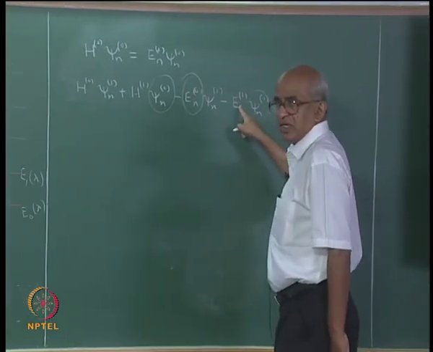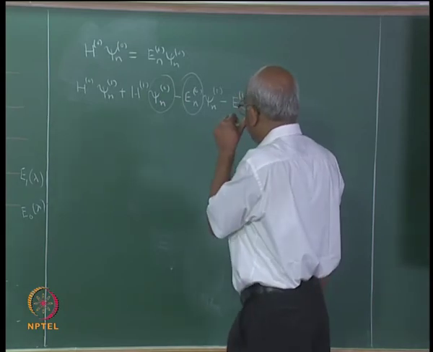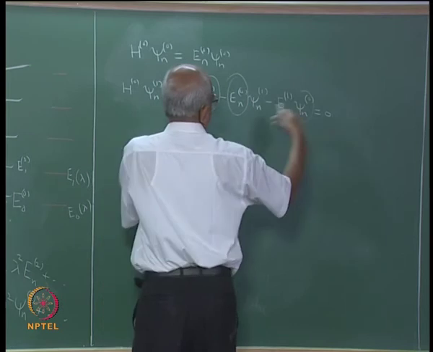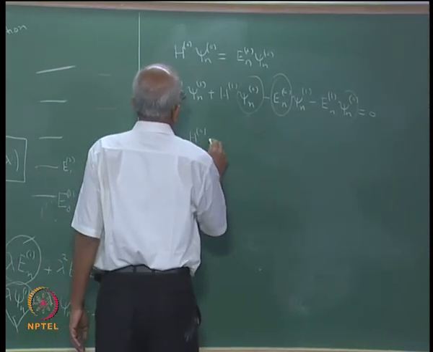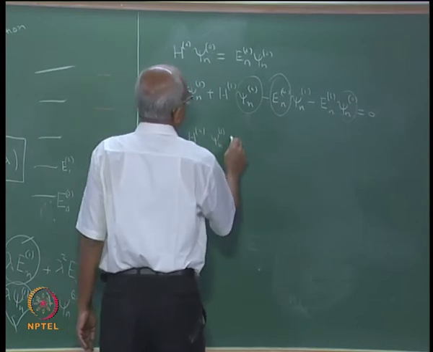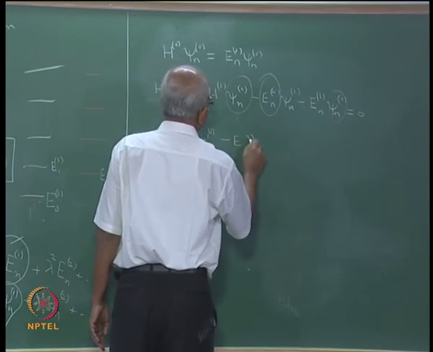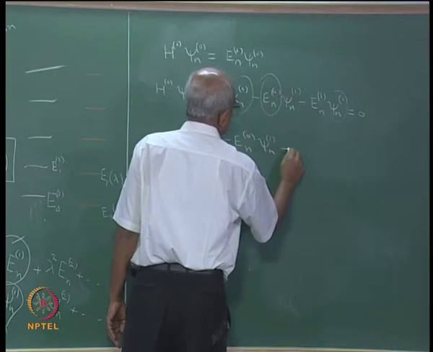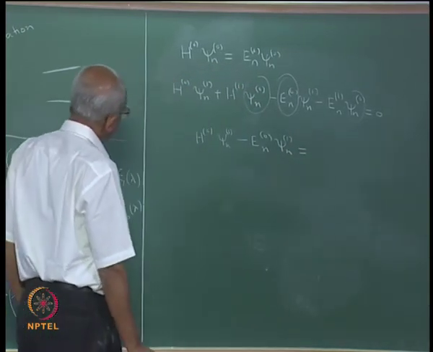But I do not know E n 1. So, what I will do is take the terms that involve psi n 0 to the right hand side. So, I would have H 0 psi n 1 minus E n 0 psi n 1 is equal to something. What is that something?